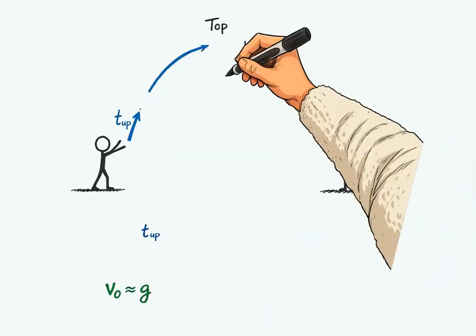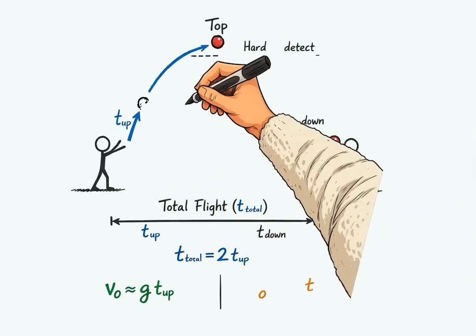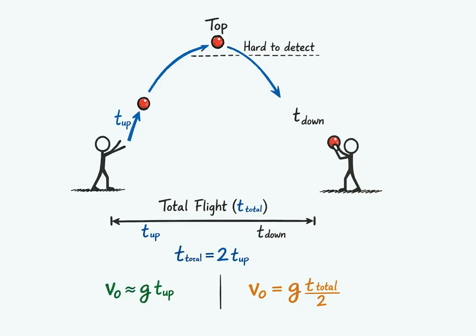Those results also motivate a simple measurement activity. If you could measure the time to the top, t_up, you could estimate v₀ ≈ g × t_up. In practice, the top is hard to detect by eye, so timing the whole flight is easier.